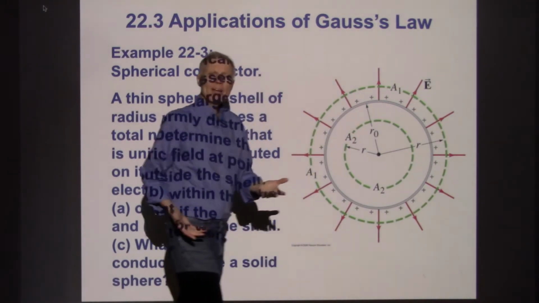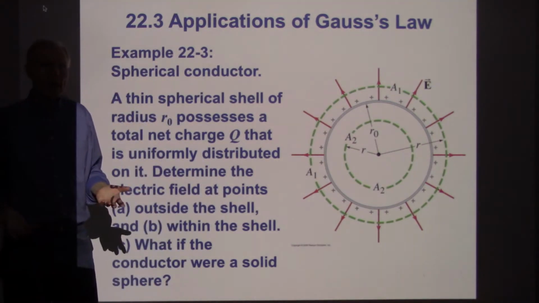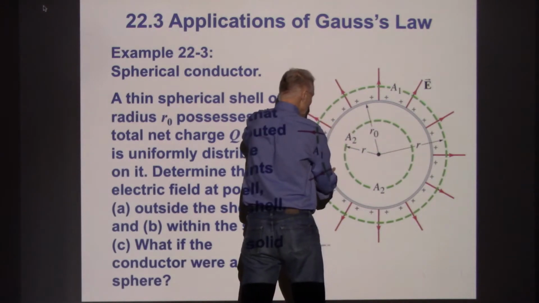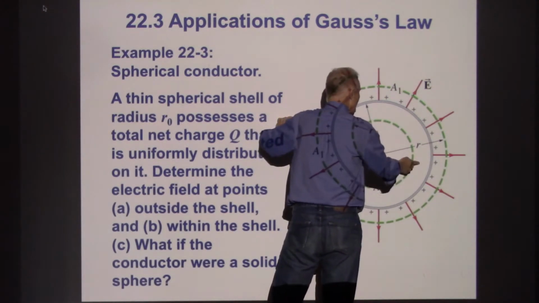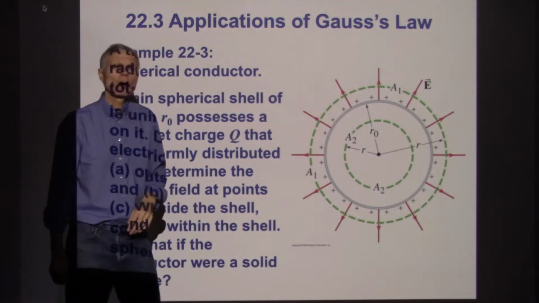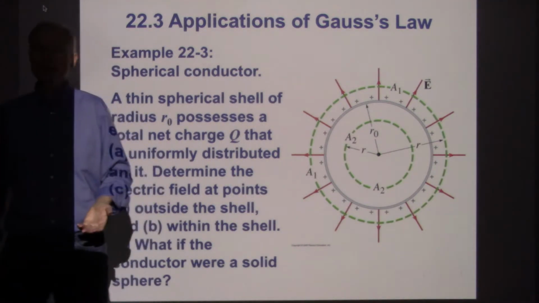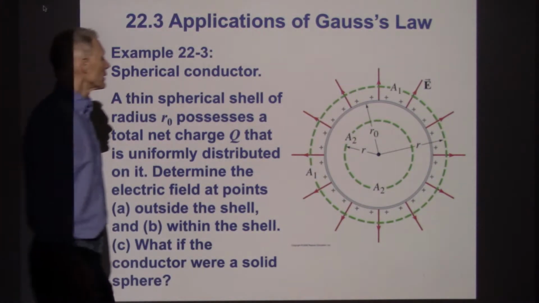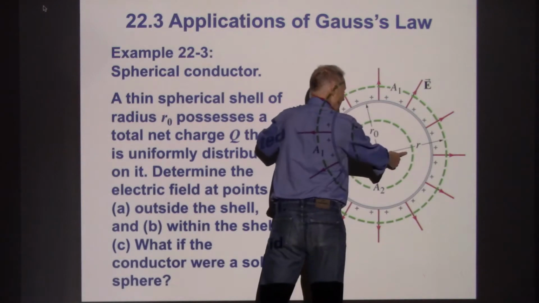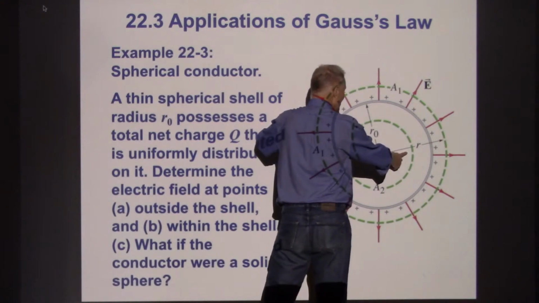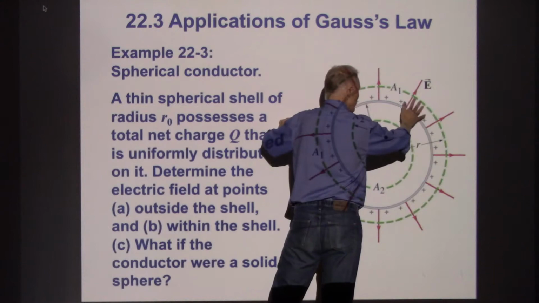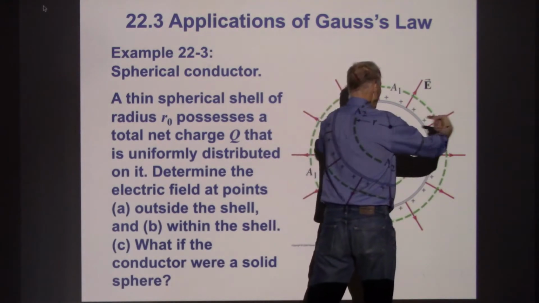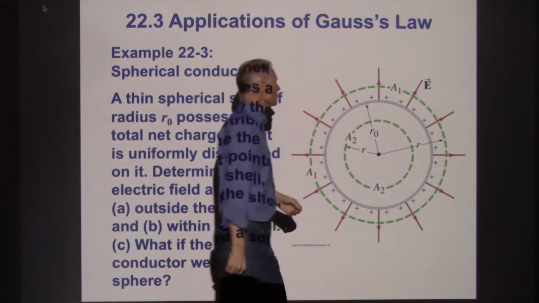But Gauss's law is making a stronger statement than that. Gauss's law is saying any location inside here, the electric field will be zero. I will get perfect cancellation at any location. And you might be saying, well, how is that possible? If I pick a point right there, how is it that I'm guaranteed that these charges and these charges over here will have exactly opposite effects?